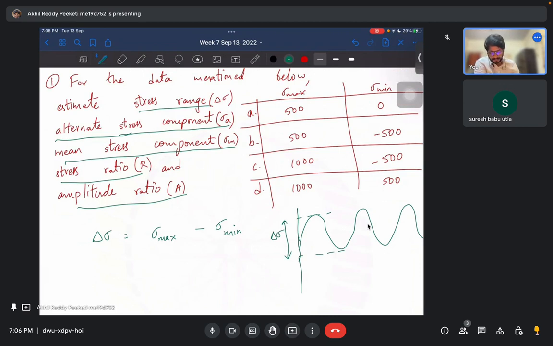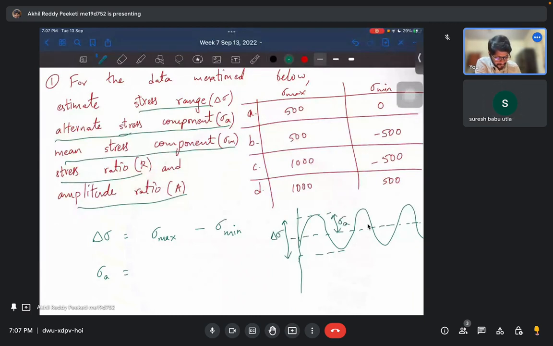Now what is the alternate stress component, sigma A? This is basically the amplitude of the cyclic loading. Let's assume this as the mean, then this would be the amplitude.